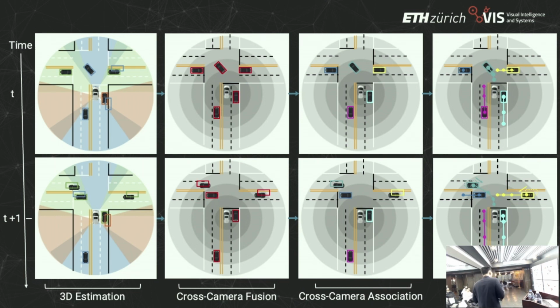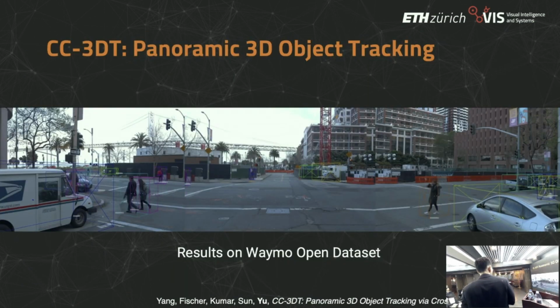So for tracking on panorama views, we can first track objects across the cameras and then track them across different time steps, such that we can achieve more reliable tracking.